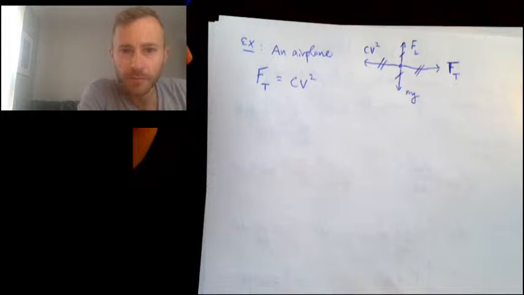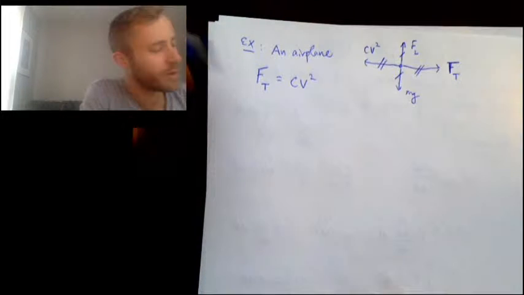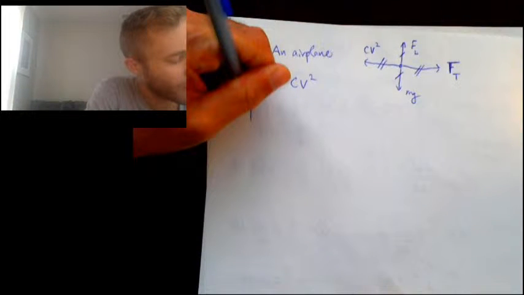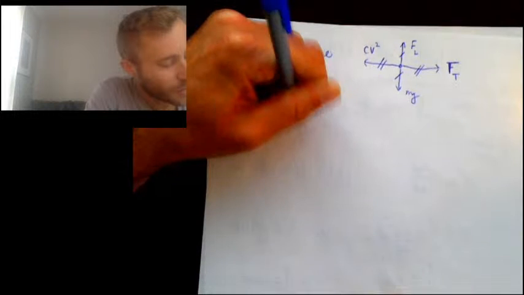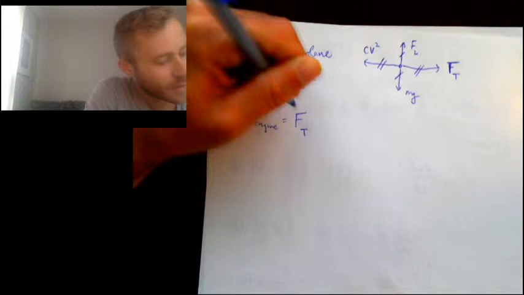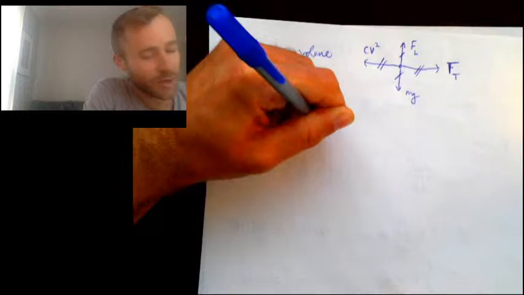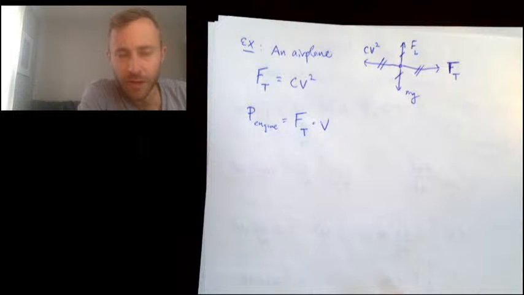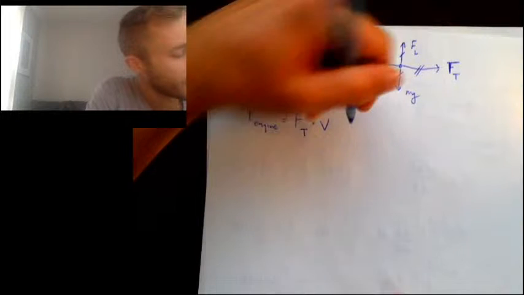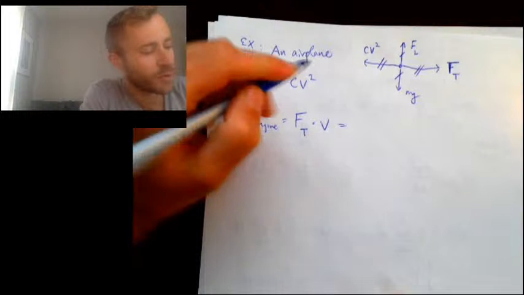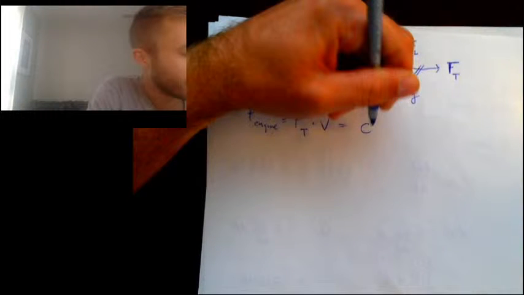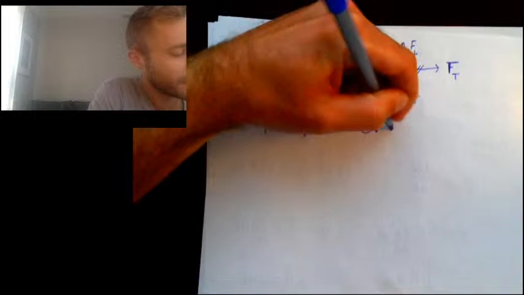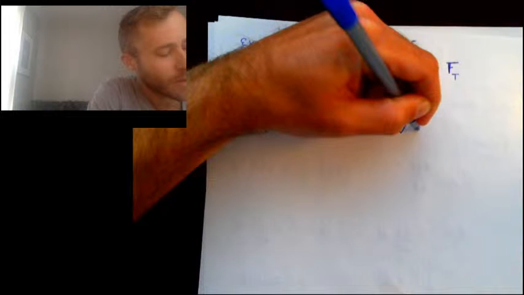So what does that mean about the power output of the engine? It's the thrust force times the velocity of the airplane. And the thrust force has got to be equal to CV squared, so I have C times V squared times V. So it's CV cubed.